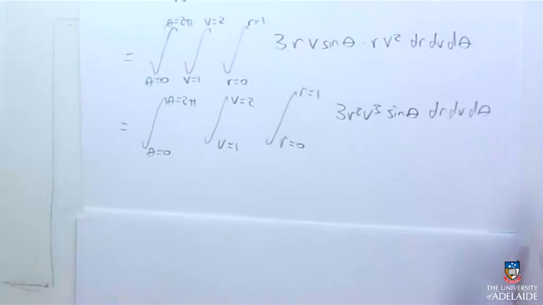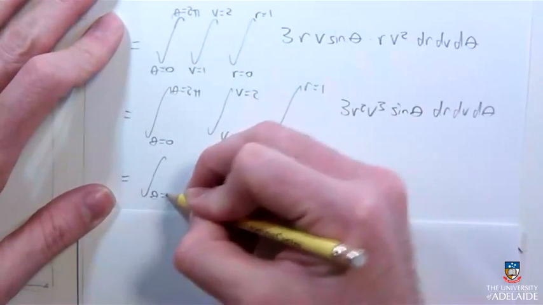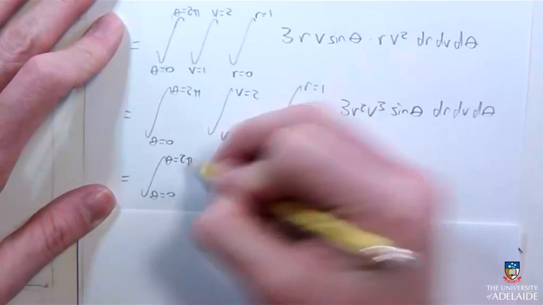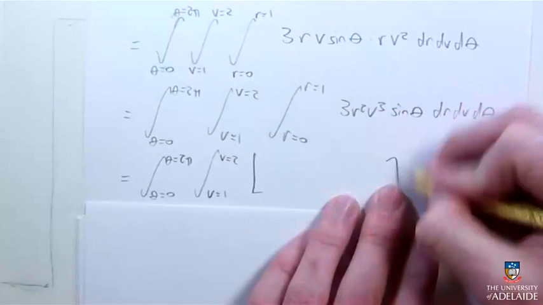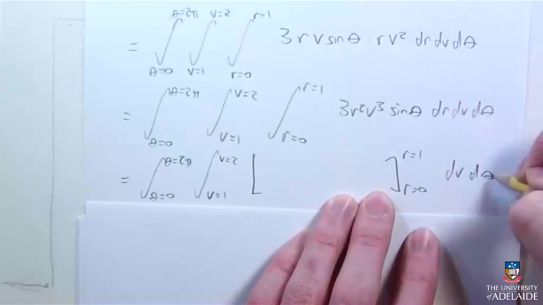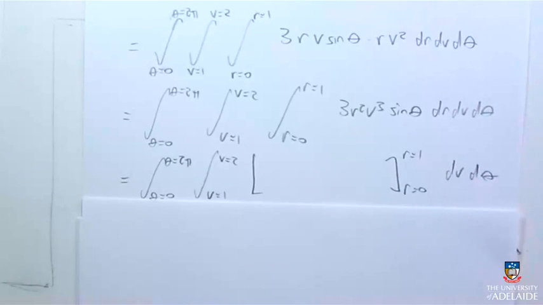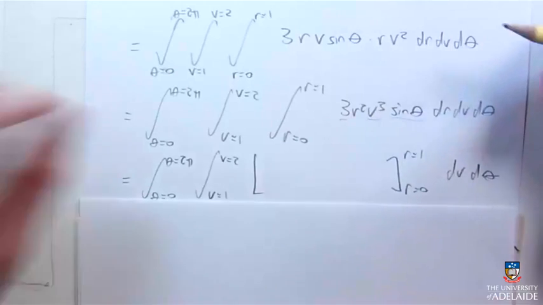So my r. That's what's going to happen. This and this and this are all constants, so they'll still be there.